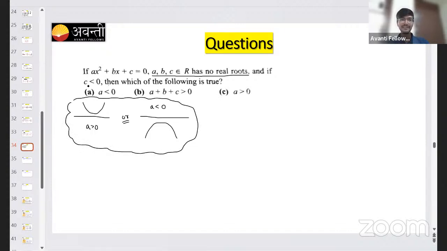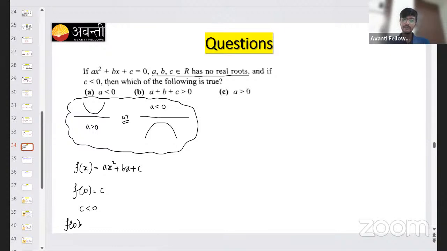Now, it is given c is less than 0. What does it mean if c is less than 0? See, let's look at f of x. This is a previous JEE question, a very interesting question. f of x is ax square plus bx plus c. Now, what is f of 0? f of 0 is c, and it is given that c is less than 0.